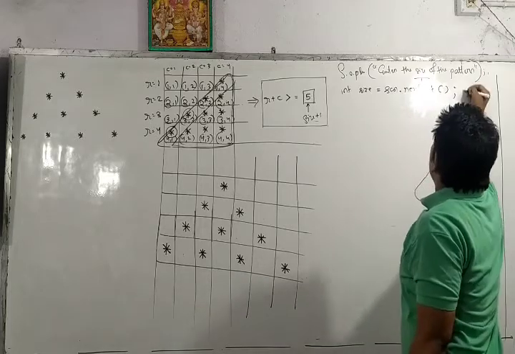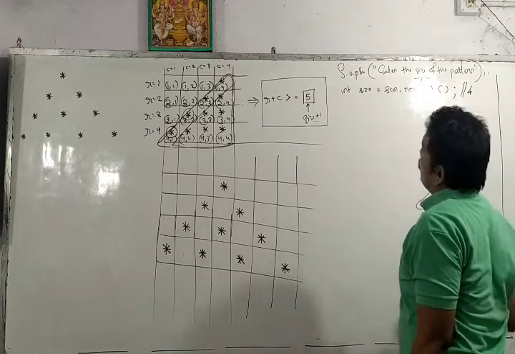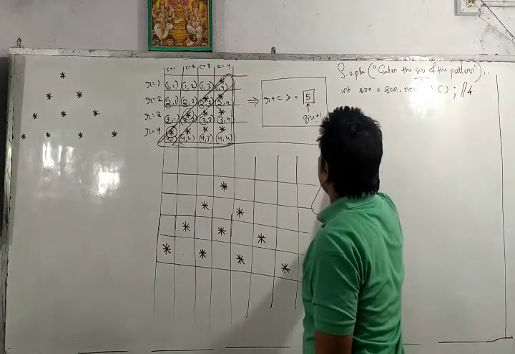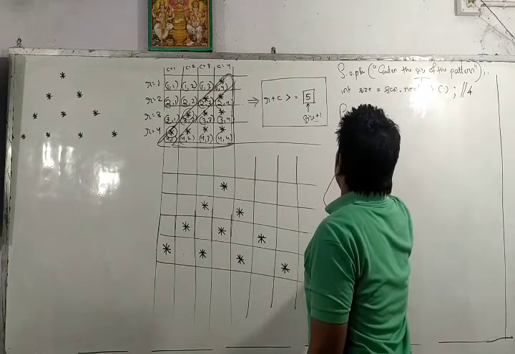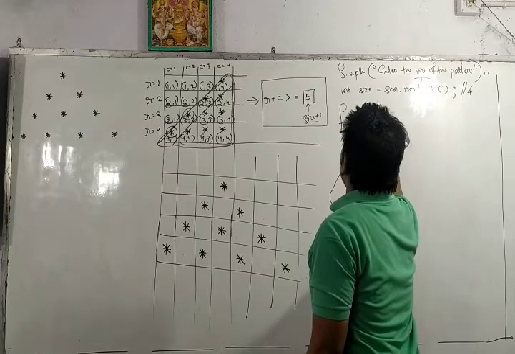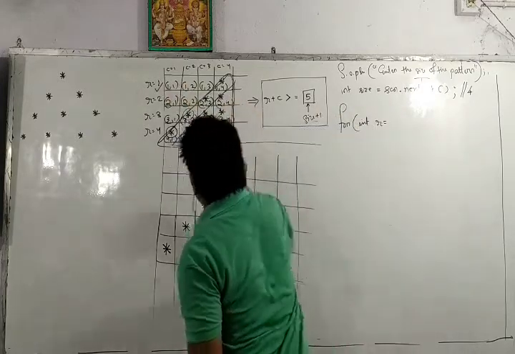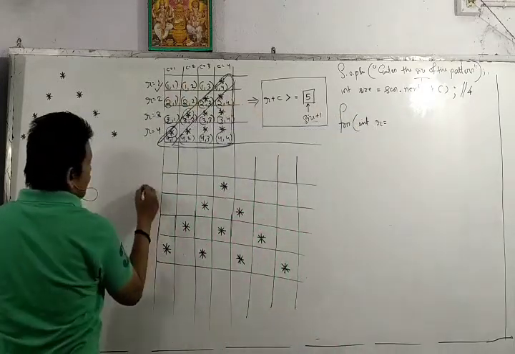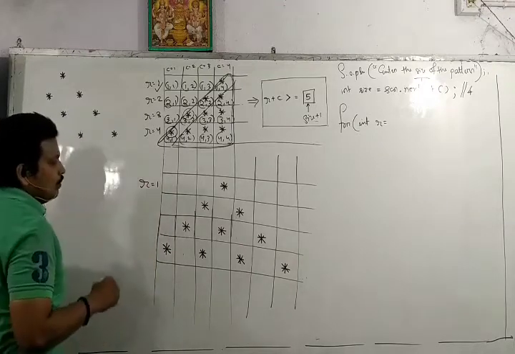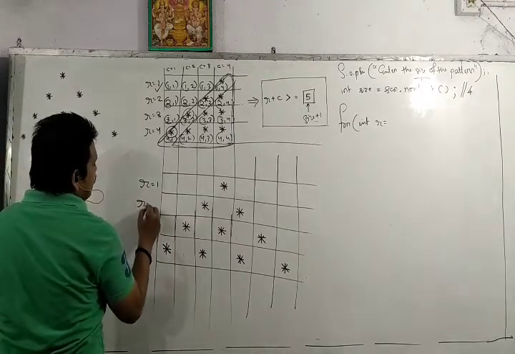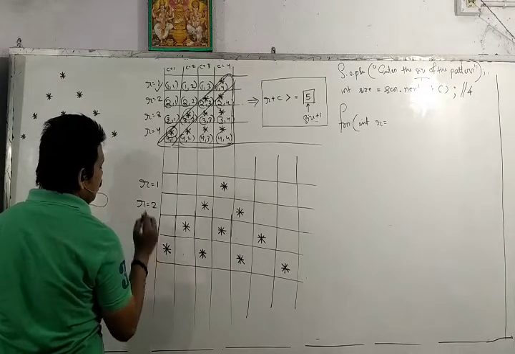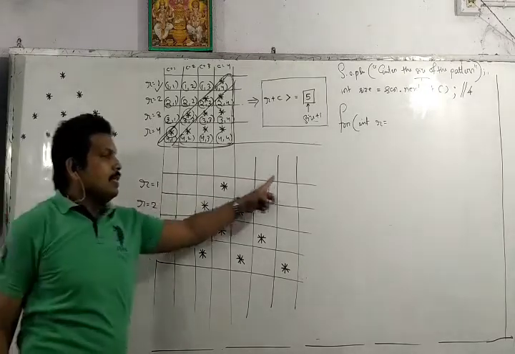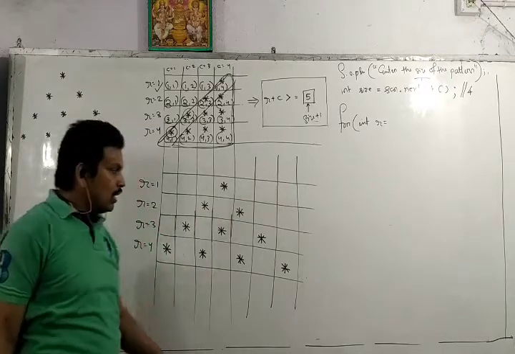Suppose the user has given 4. Then the outer for loop, int r is equal to 1. See here, r is equal to 1, 2, 3, 4. I will not write here c is equal to 1, 2, 3, 4. Why?